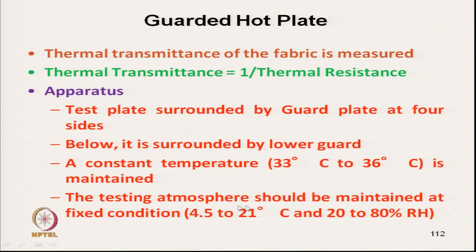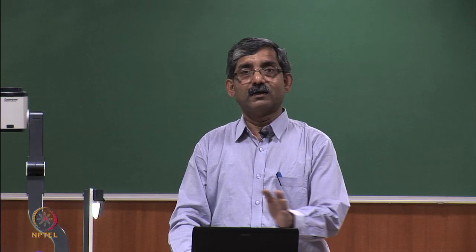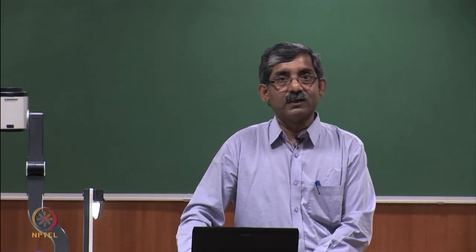The testing atmosphere should be maintained at a fixed condition, 4.5 to 21 degree Celsius, that is recommended. We can use other temperatures also for different experimentation, and the relative humidity at a different range.